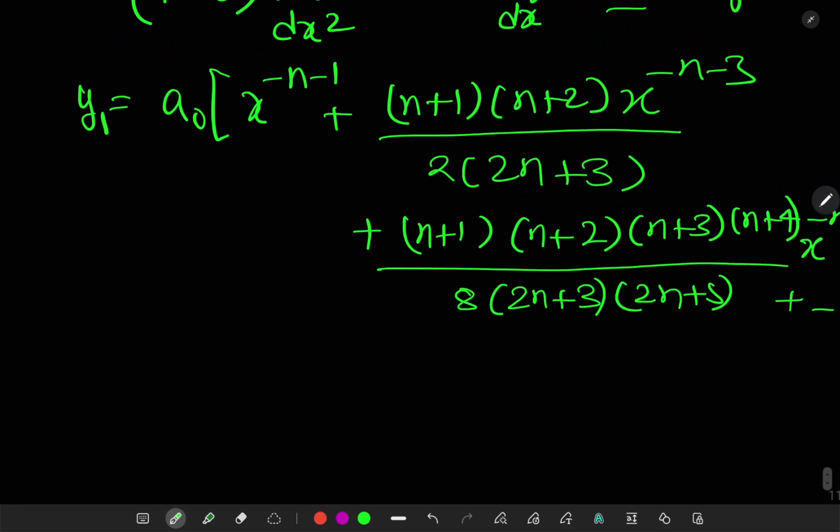This is y1, and their solution is called Legendre polynomial Pn.